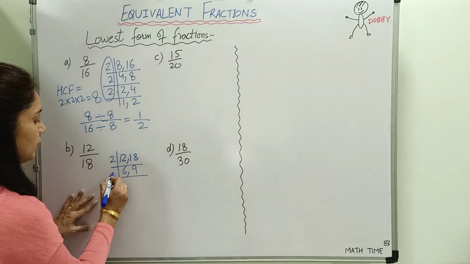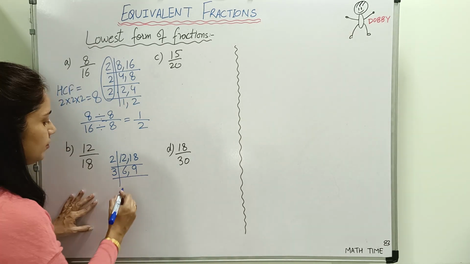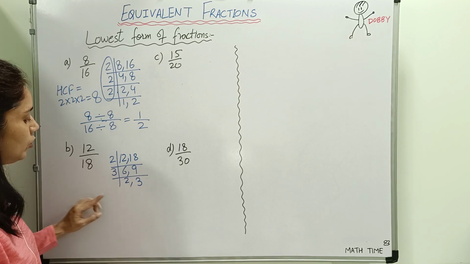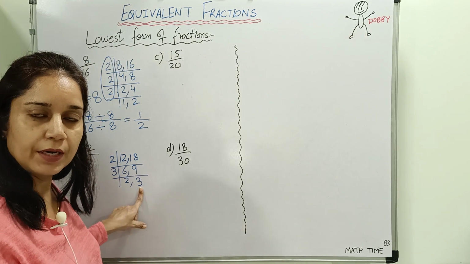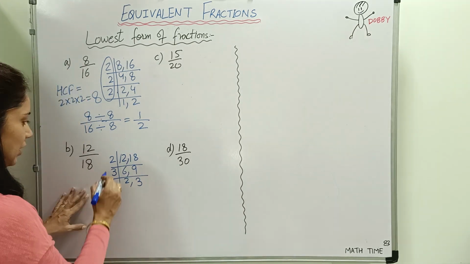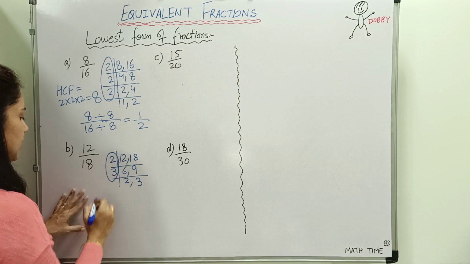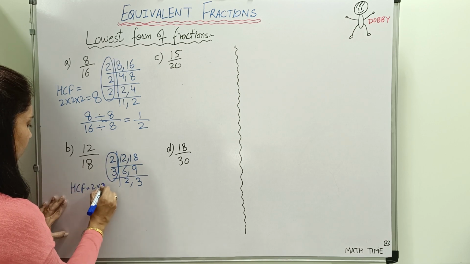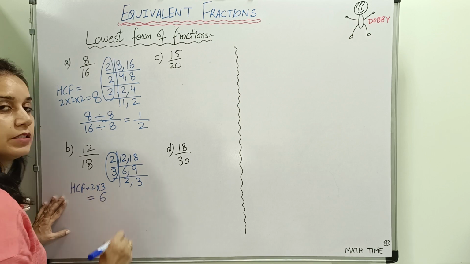Yes. So that means we can choose the table of 3 here. 3 2s are 6, 3 3s are 9. Now 2 and 3, any common table? No. 2 and 3 are co-prime numbers. So here we will leave them and take the standing line numbers. HCF equals 2 times 3 equals 6.